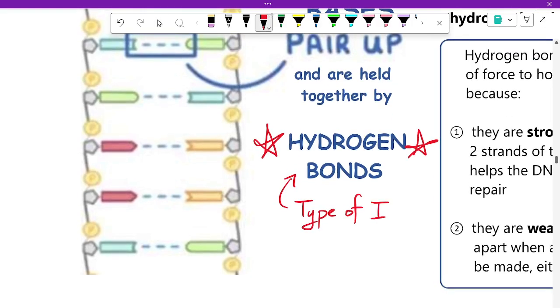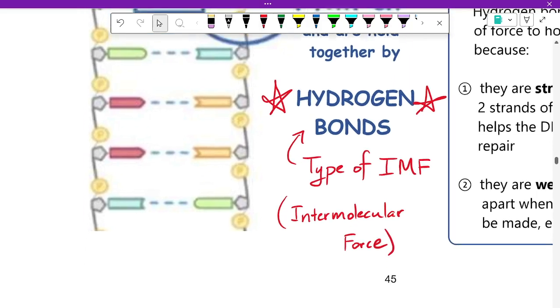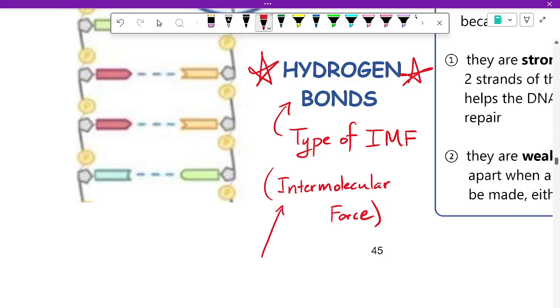So they're a type of IMFs. And I don't know if you remember, but IMFs are intermolecular forces. Are they strong or are they weak? They're weak. Okay? But out of all the different intermolecular forces out there, hydrogen bonds are actually the strongest IMF.